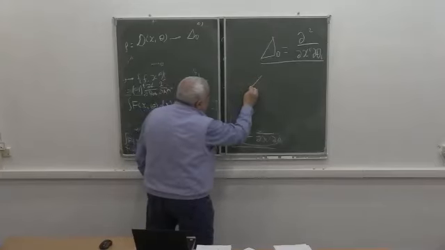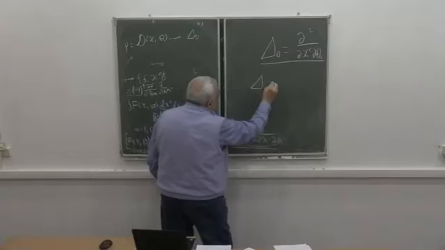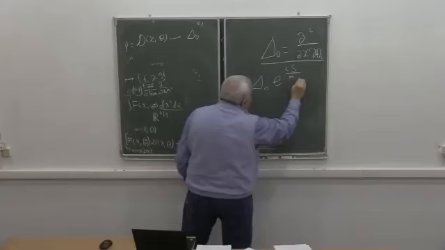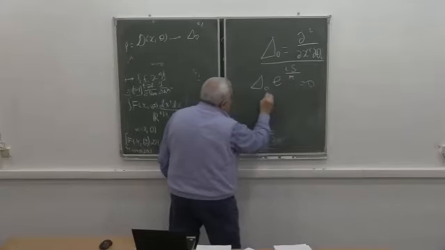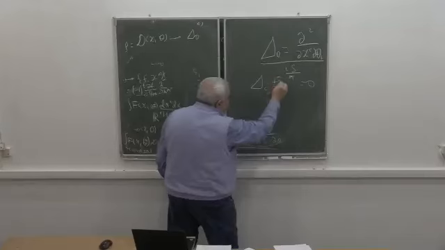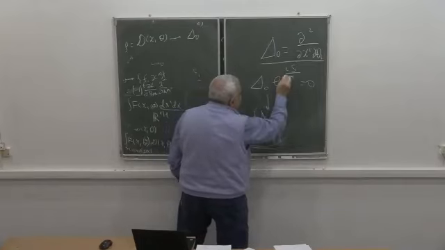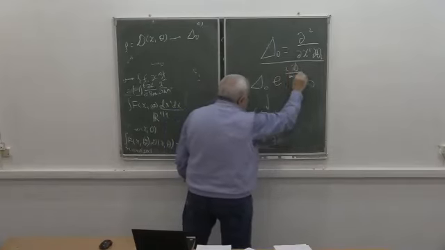For example, master equation which Batalin wrote, it was delta 0 e^{iS/h} equals 0. It is quantum master equation. The classical master equation, if you consider terms proportional to h, will be the master equation for S.